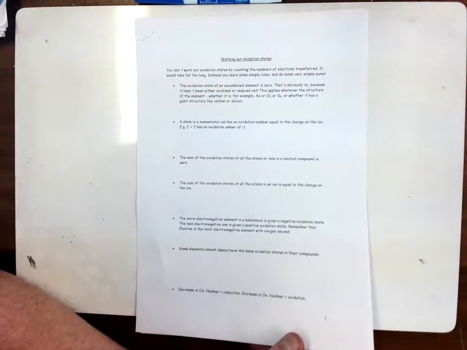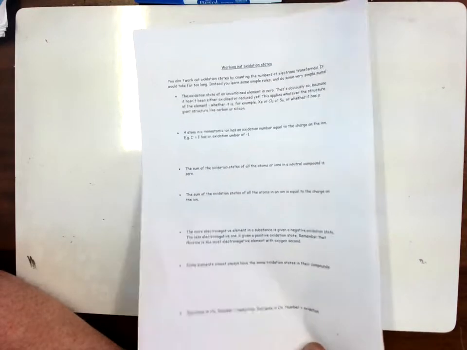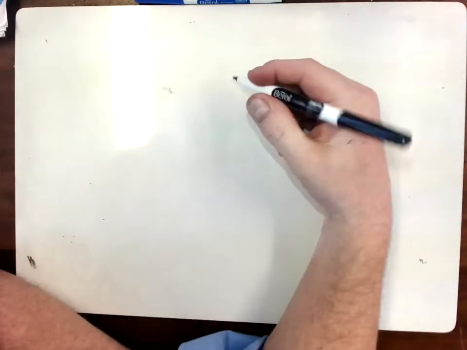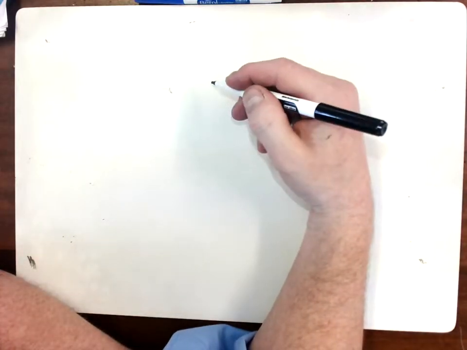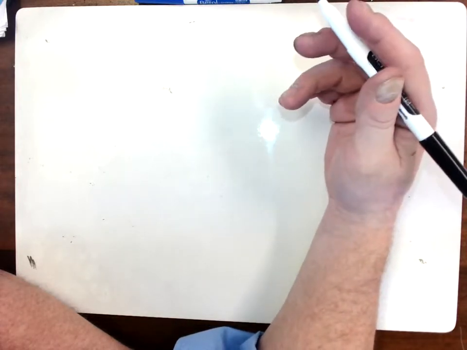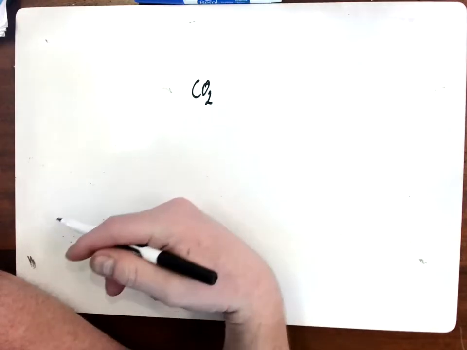Okay, the next rule, number 3: the sum of the oxidation states of all the atoms in a neutral compound is equal to 0. Sometimes for these we would need to know the rules of some other things. So let's take for example carbon dioxide, a neutral compound.